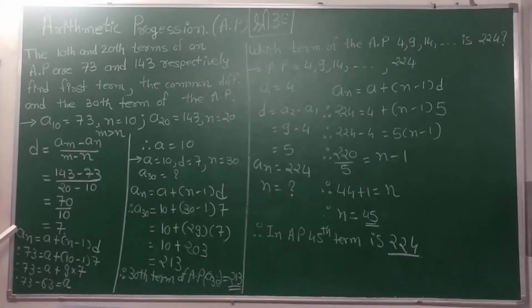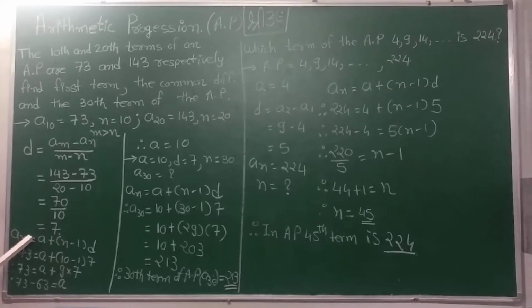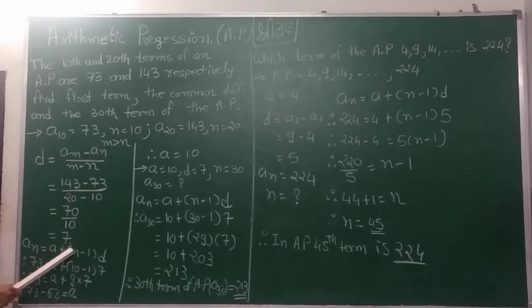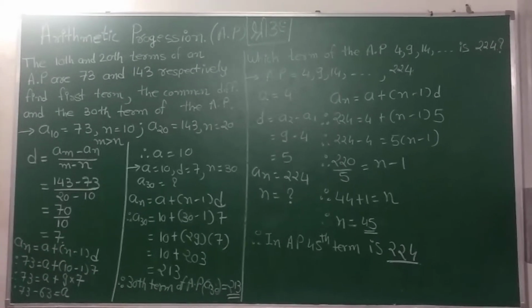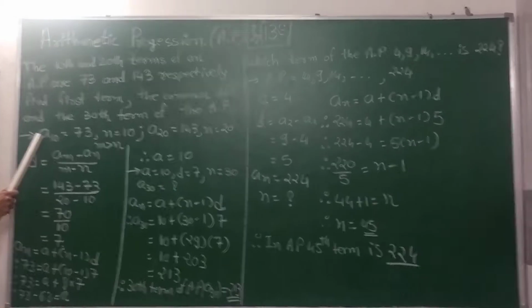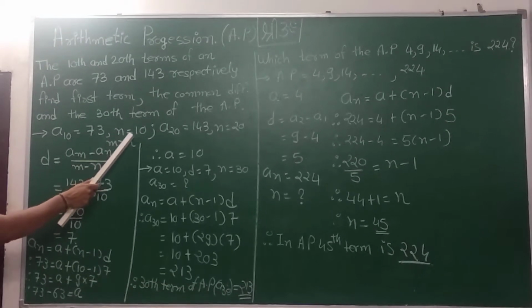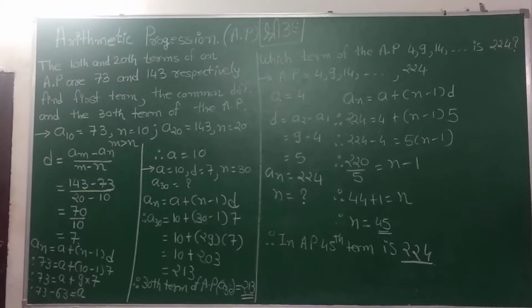Now calculation for a. So here we have an is equal to a plus bracket n minus 1 bracket over into d. So here you have two choices. Either you use a10 is equal to 73, that n is equal to 10, or a20 is equal to 143, n is equal to 20.